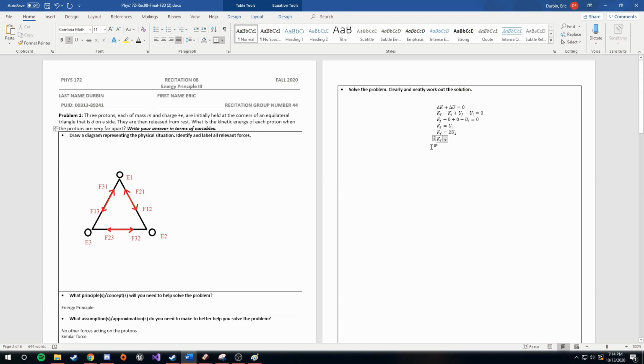Which is just going to be a given k value, or 1/4 pi epsilon naught. That's 9 times 10 to the 9. And then I don't remember what the charge of a proton is. It's like 1.9 something times 10 to the something. The charge of a proton is 1.602 times 10 to the negative 19. I'm going to square that.